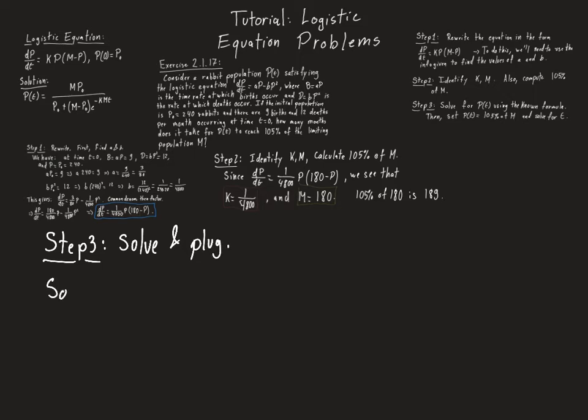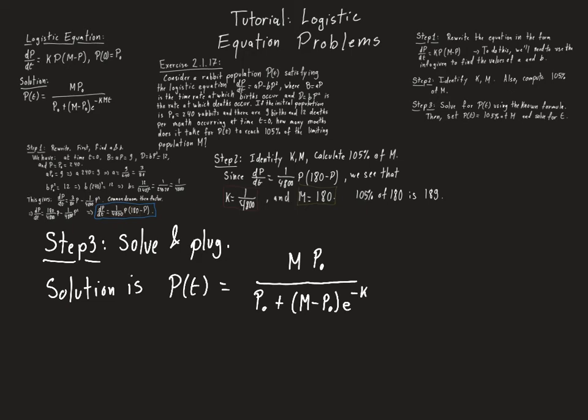We know that the solution is P of t is equal to M times P naught over P naught plus M minus P naught, times e to the negative kmt.